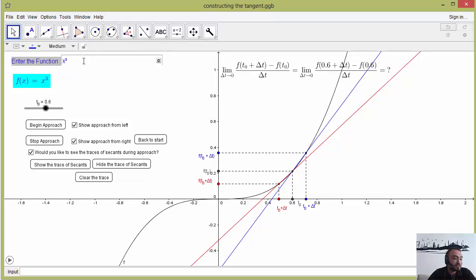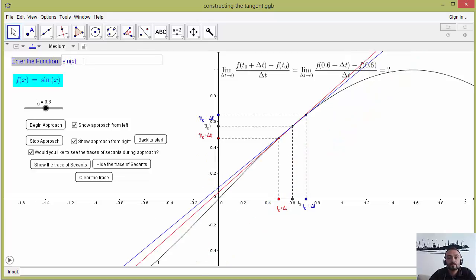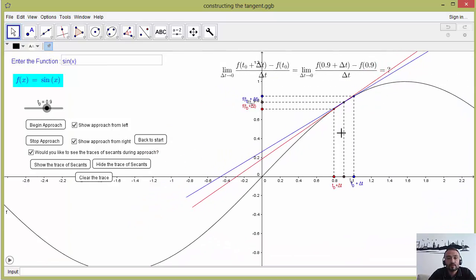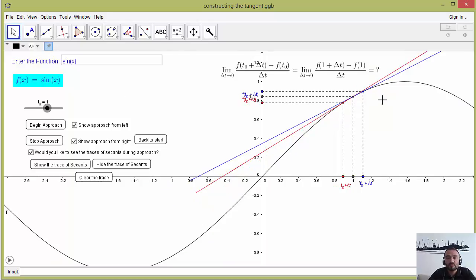Let's try another function, sine of x, and I can change the point for which I will look for the derivative.